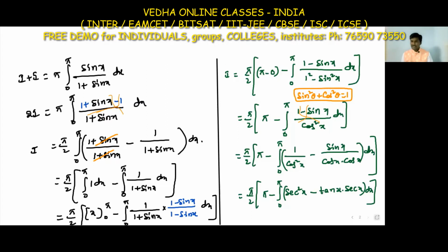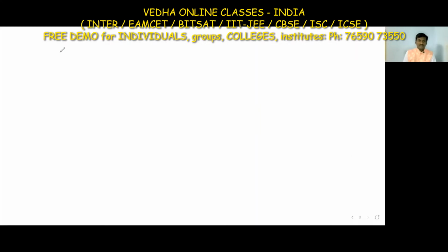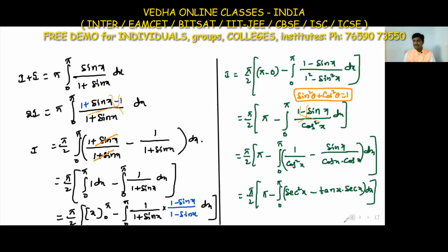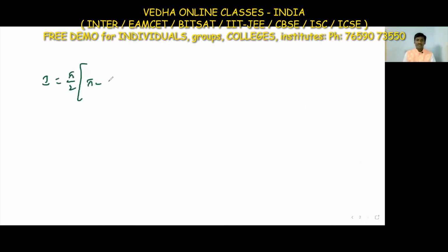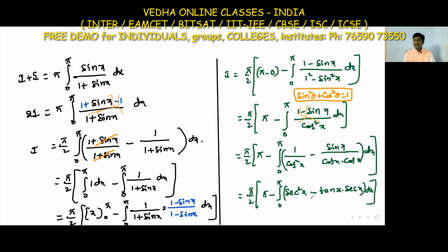Now I is equal to pi by 2 outside as it is, and pi minus, separating the integration, the integral from 0 to pi of secant square x dx. Whenever we separate the integration we multiply including the minus, so minus into minus becomes plus.